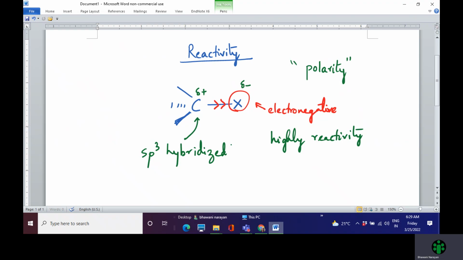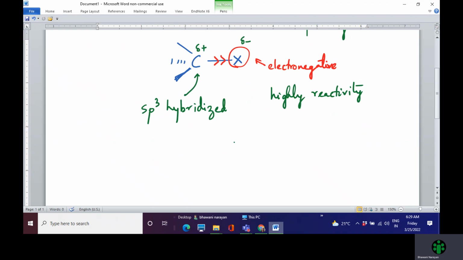So let us note down that. And now there are two possibilities. In a reaction, the carbon can retain its sp3 hybridization. Now that happens when the alkyl halide undergoes a nucleophilic substitution reaction.